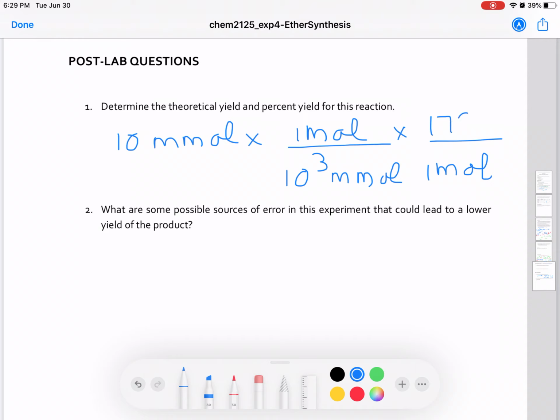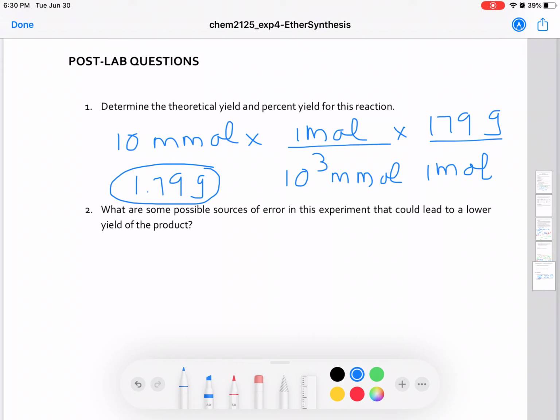Yes, 179 grams. That is the molar mass of phenacetin, not Tylenol. So this will give you a theoretical yield of 1.79 grams. Now I would like you to do this calculation in your report sheet. Don't just write down 1.79, but show me how you did it. It's right here, you just have to rewrite it. And that is the theoretical yield.